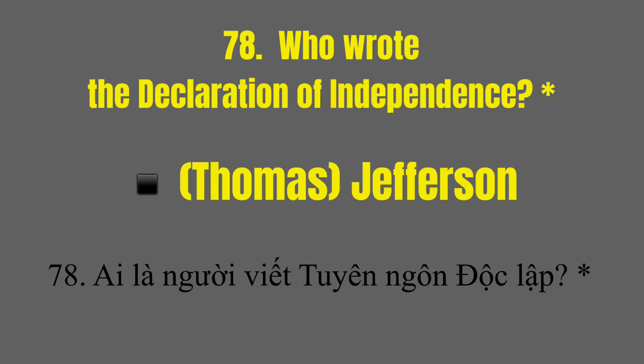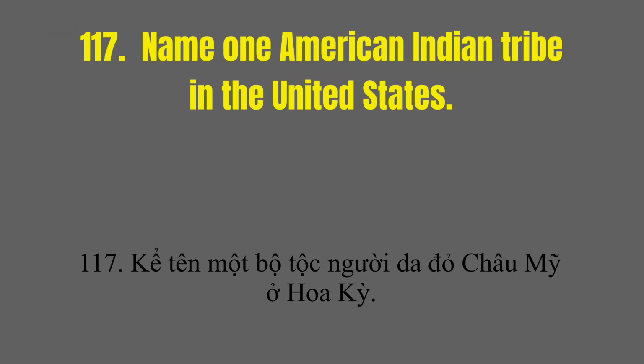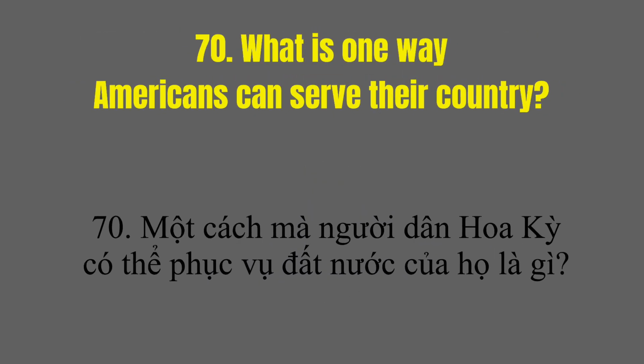Thomas Jefferson. Name one American Indian tribe in the United States. Crow. What is one way Americans can serve their country? Vote.